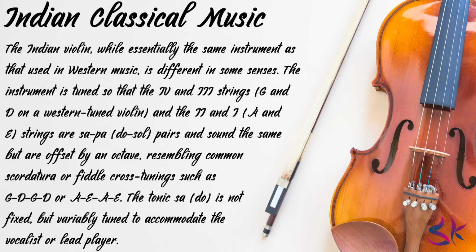The instrument is tuned so that the fourth and third strings, G and D on a Western tuned violin, and the second and first, that is A and E, strings are Sa, Pa, Sa, Pa pairs and sound the same but are offset by an octave, resembling common Scottish or fiddle cross tunings such as GDGD or AEAE. The tonic Sa is not fixed but variably tuned to accommodate the vocalist or lead player.